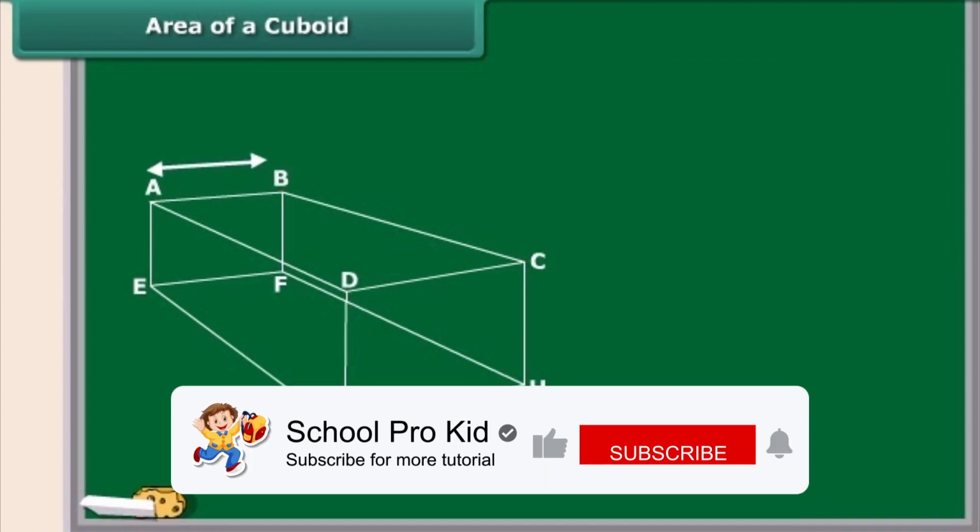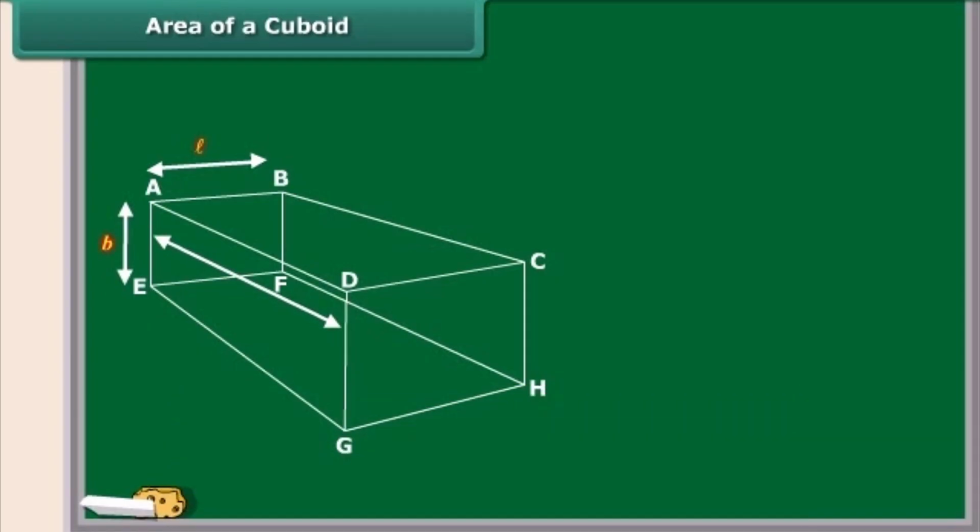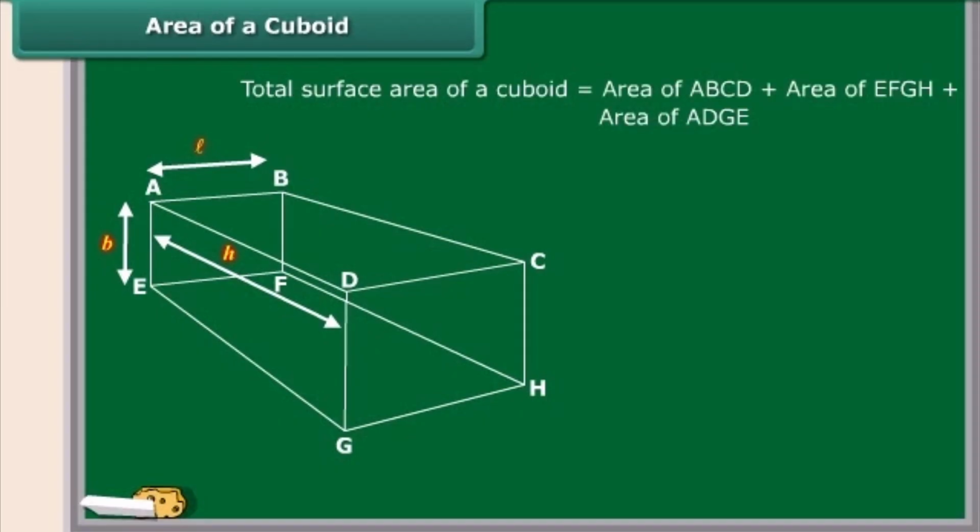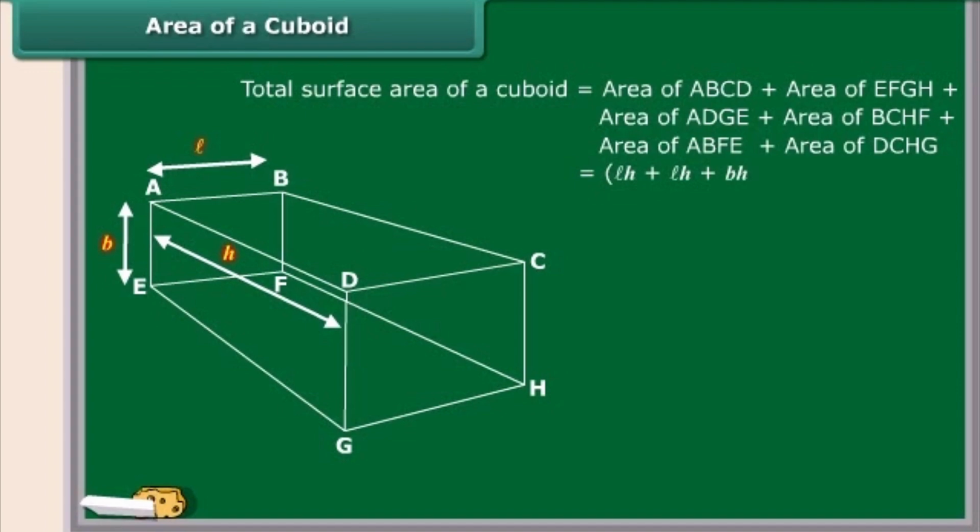Let AB be L, AE be B, and AD be H. Then the total surface area of cuboid is equal to the sum of the areas of 6 faces ABCD, EFGH, ADGE, BCHF, ABFE, and DCHG, which is LH plus LH plus BH plus BH plus LB plus LB.